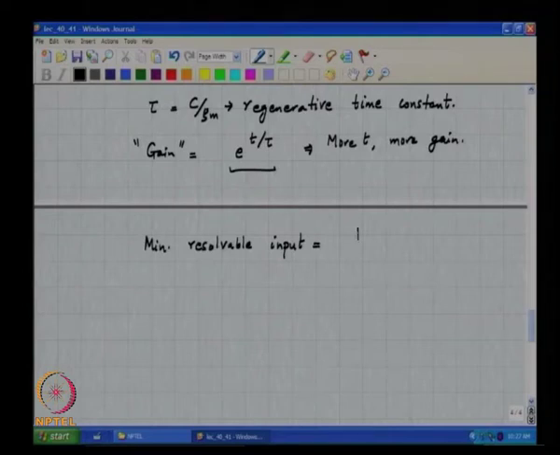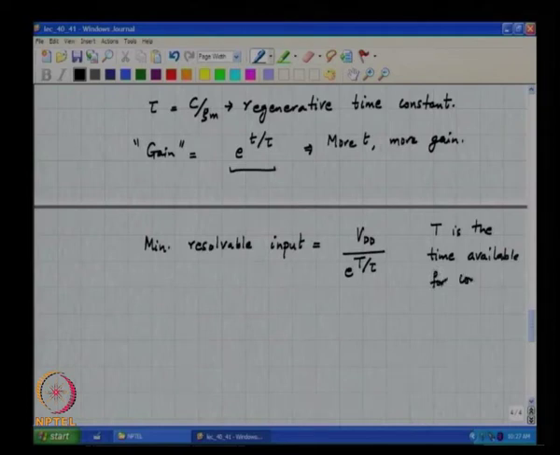So, that is nothing but say VDD divided by the gain, which is e to the capital T by tau, where T is the time available for comparison.